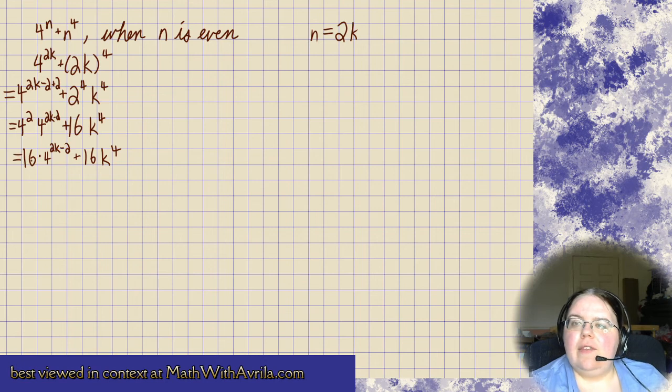And then I notice both terms have a 16. So I can factor off that 16. And that tells me that whatever I get by plugging an even number into this formula, if I take k as, again, half of that even number and plug into this factor here and multiply that by 16, I would get the same number.